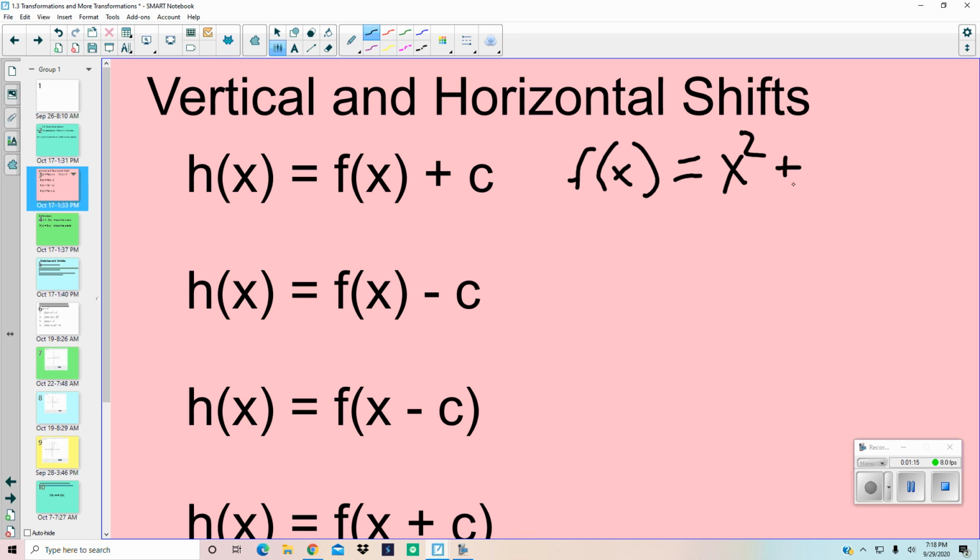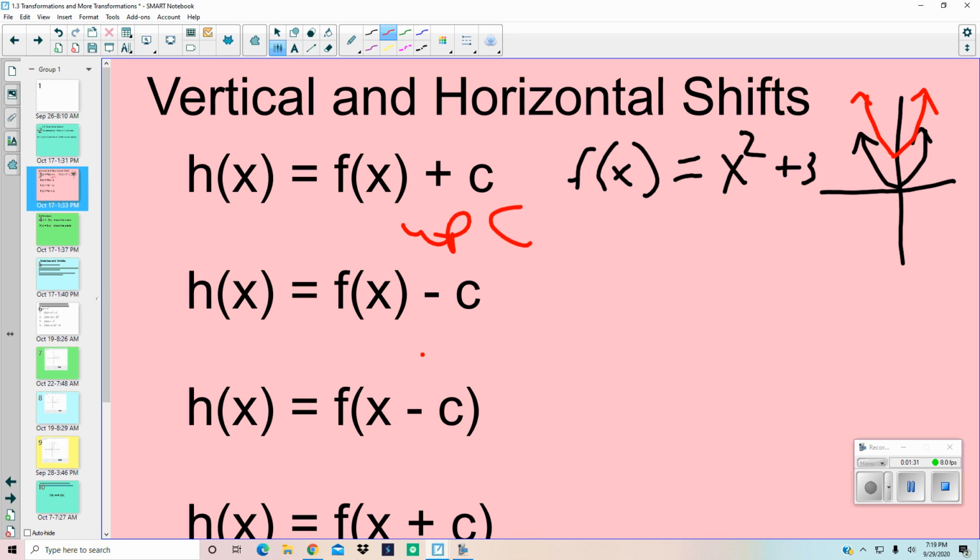But if I add 3 to it, that's going to take the original parabola, which would normally look like that, and move it up 3 spots. So adding 3 moves it up. So this would be up c, this would be down c.